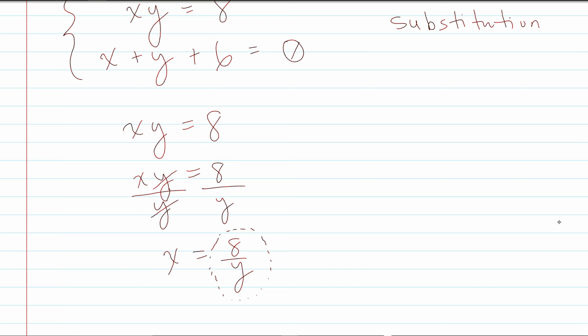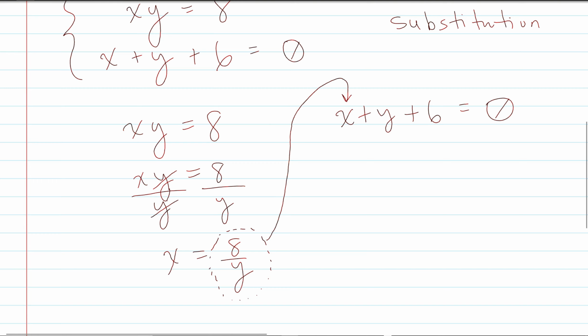So we took the xy equals 8, solved for x, and now we're going to use the x plus y plus 6 equals 0, and we're going to plug this in for x, right? Because we just said down here that x is 8 over y. So we substitute 8 over y in for x, plus y plus 6 equals 0.